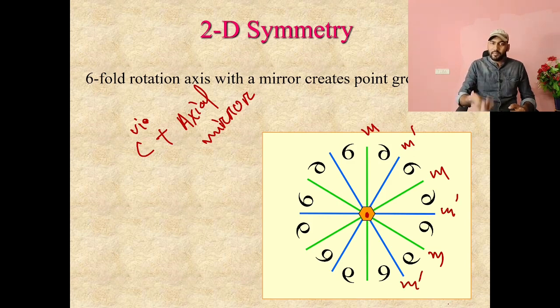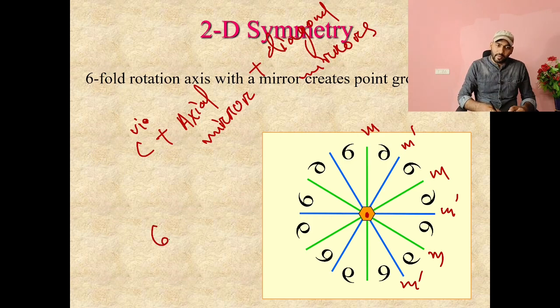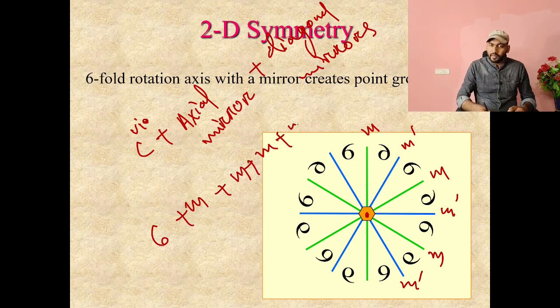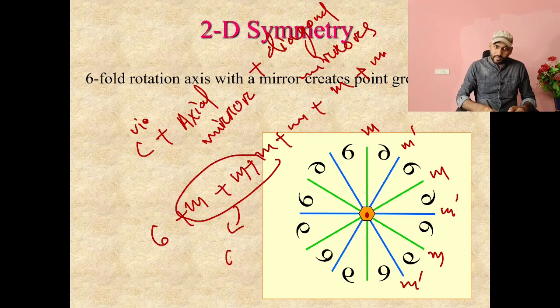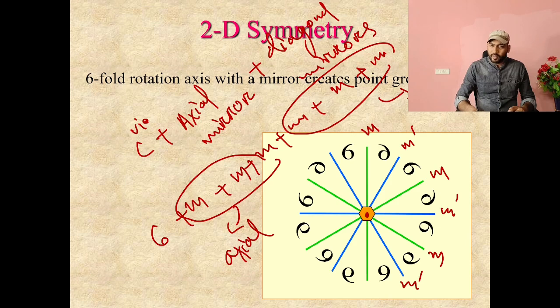These 3 M dash came later, which are the diagonal mirrors. So we start with 6 and M. We conclude with 6 times M, from which 3 mirror planes are axial mirror planes and 3 mirrors are diagonal mirror planes.